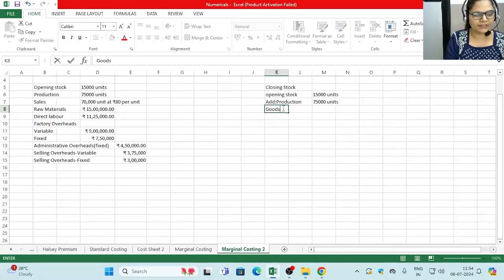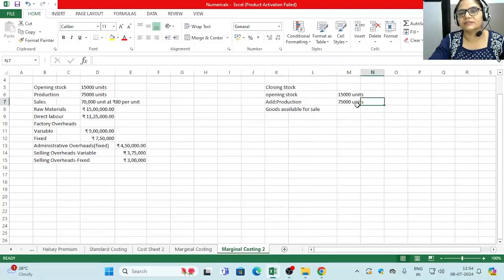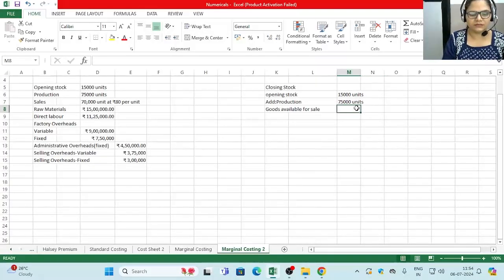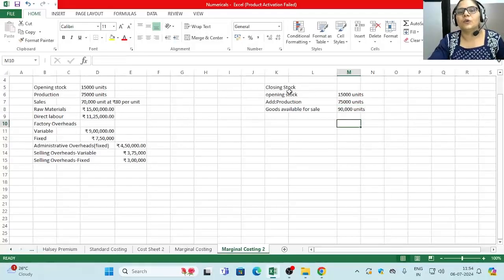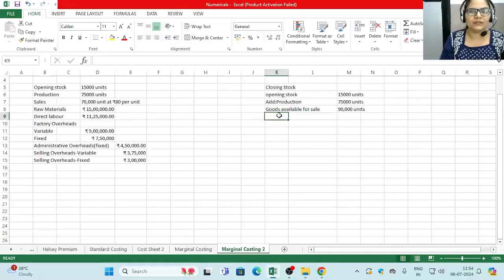That is 90,000 units. I think we are clear with the fact. To opening stock, we add the production, and finally we get the goods available for sale.